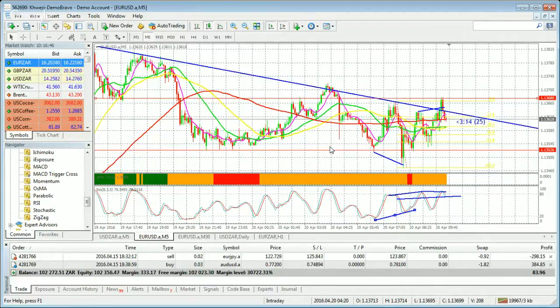Okay, so it's back below the level. How far down can it go?